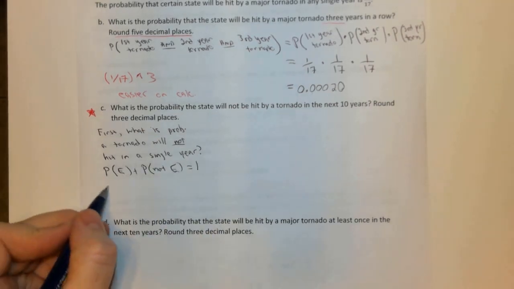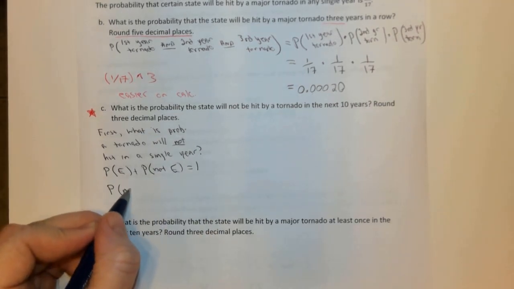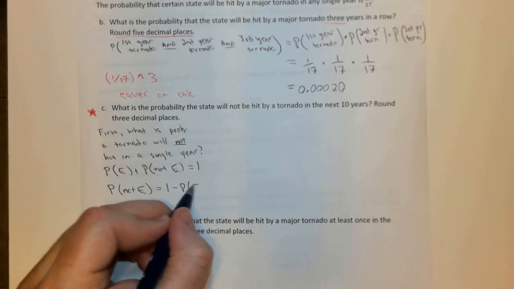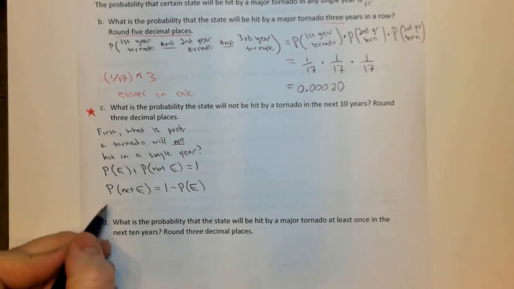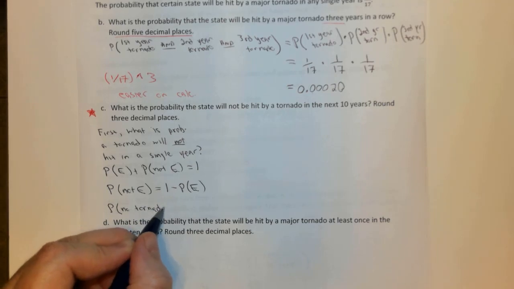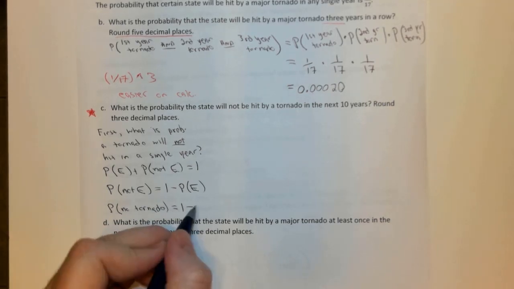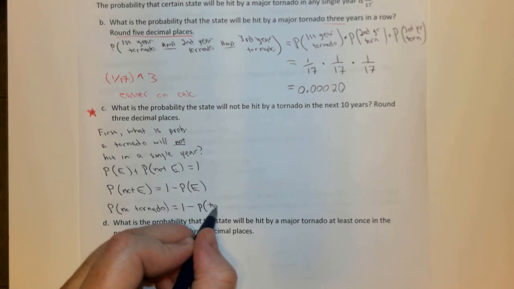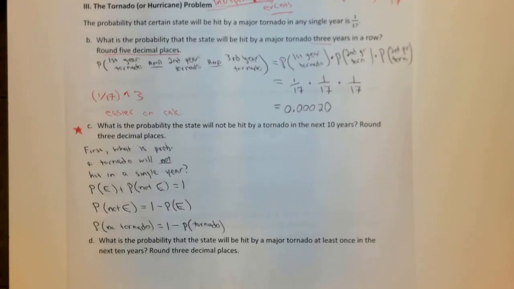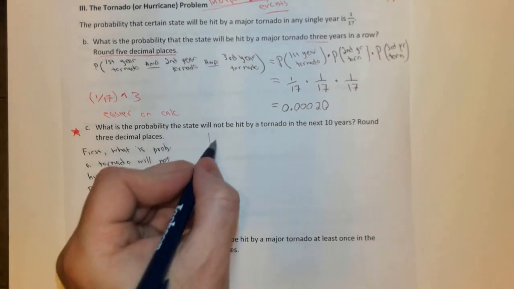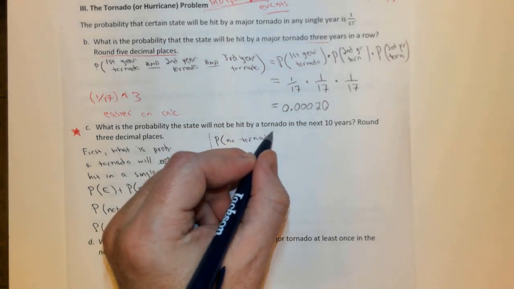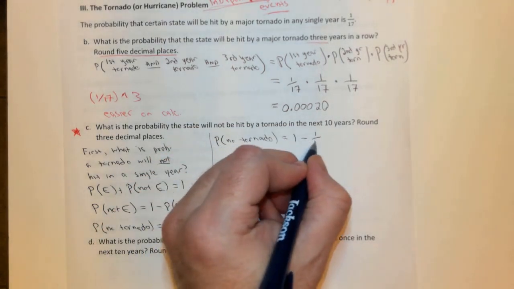Therefore, the probability of not E is 1 minus the probability of E. So, to figure out the probability of no tornado is 1 minus the probability of a tornado, which we did up there. So the probability of no tornado is 1 minus 1 over 17.